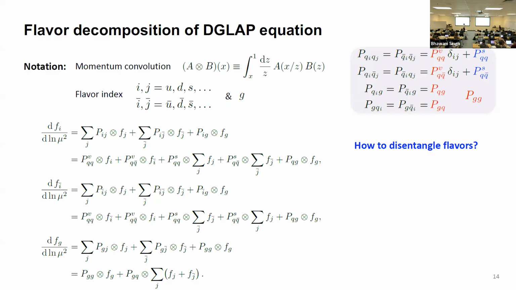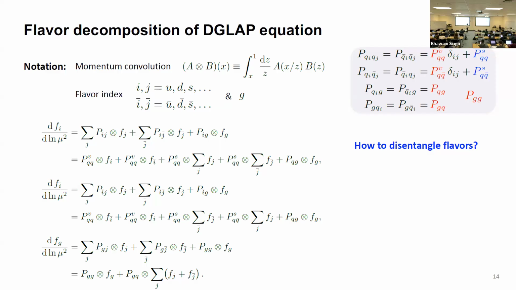For example, if we look at the first term, this Pij, there are two terms: one is the valence contribution, the other is the C contribution. But the valence term only applies when the two flavors are the same. So the first term is only proportional to Fi. But for the C term, you have a sum over the second flavors.